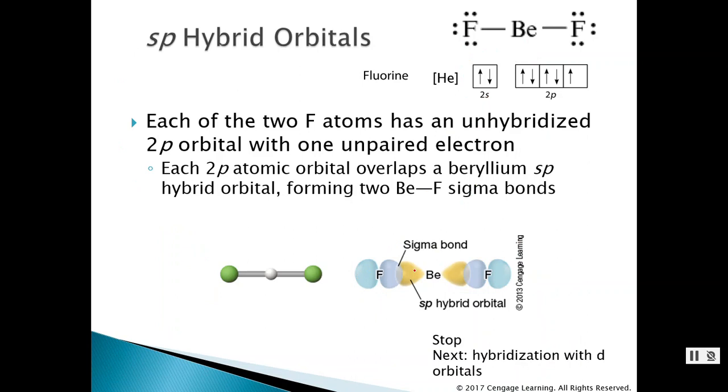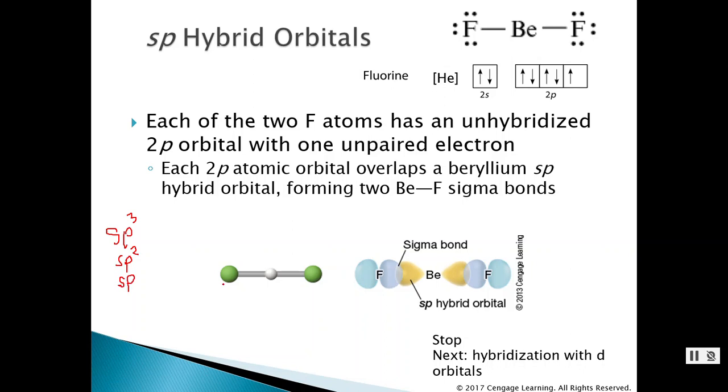That sp hybrid orbital overlaps with the 2p orbital in fluorine to produce a sigma bond. So those are the 3 kinds of hybridization orbitals that we've talked about so far: sp3, sp2, and sp.